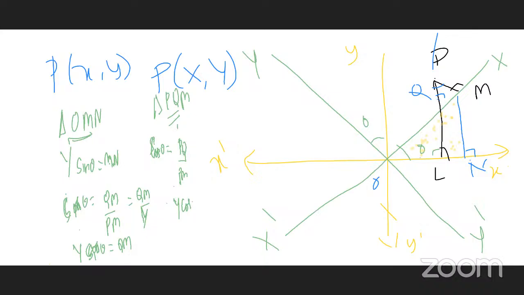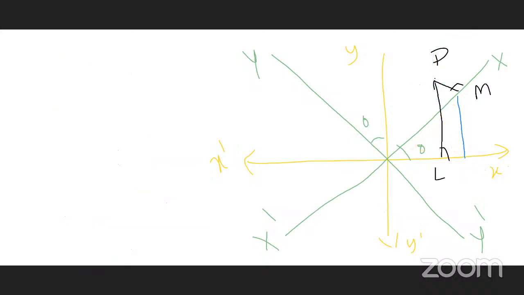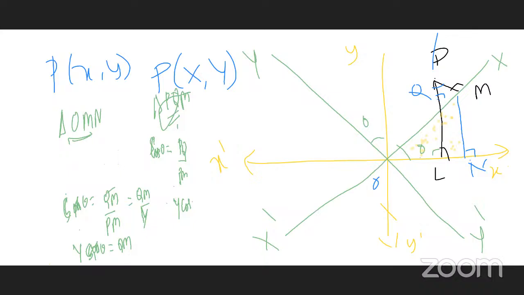In triangle OMN, we are not taking triangle PQM. In OMN, we already got two equations, no? We are doing the triangle PQM as the second triangle. No, not that one, the first one.